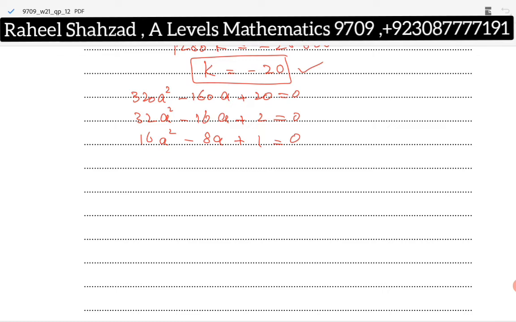If you do middle term breaking here, minus 4a minus 4a, so we take 4 common, so (4a minus 1) square is equal to 0. So a is equal to 1 by 4 for this scenario. Okay.